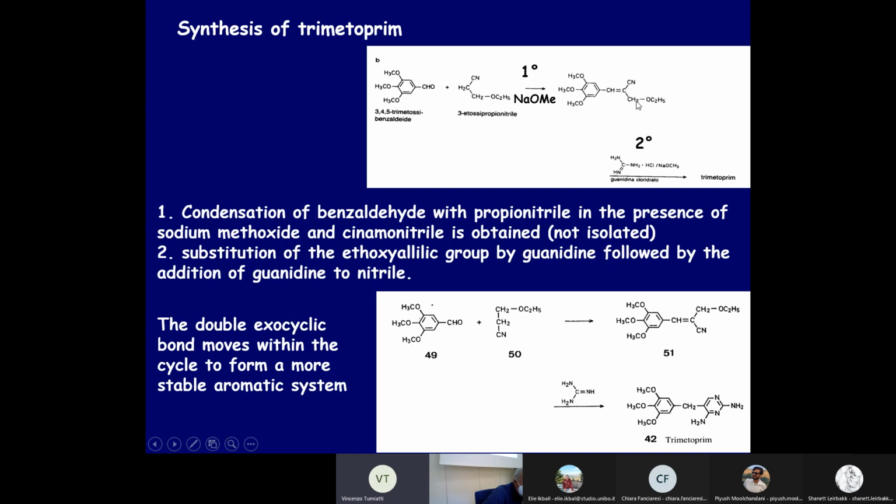The other carbon is very close to the oxygen of the ethoxy group. Also in this case, we have a partial positive charge. So these two carbons can be attacked by guanidine to give trimethoprim. Now the problem is to synthesize this intermediate.